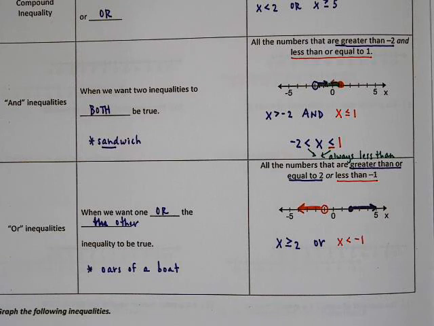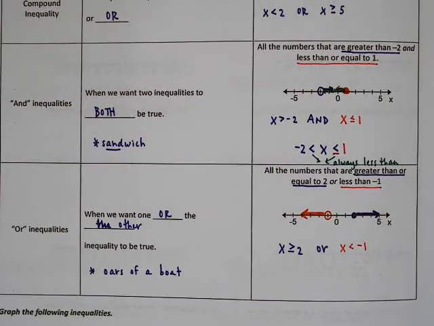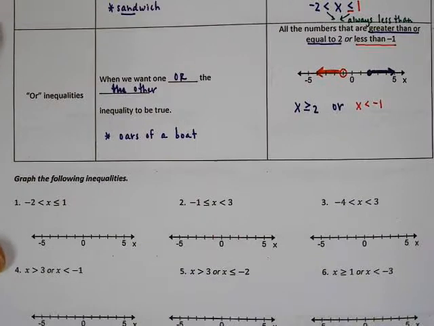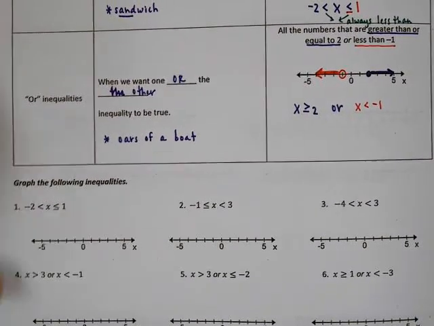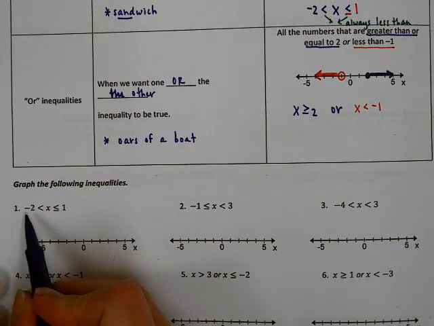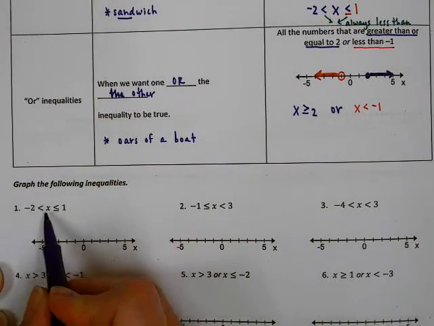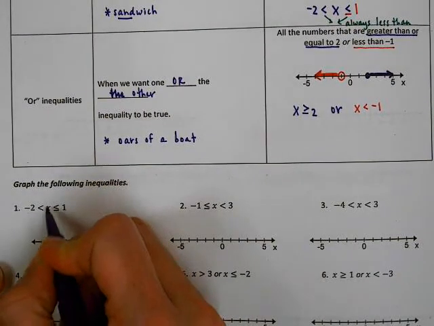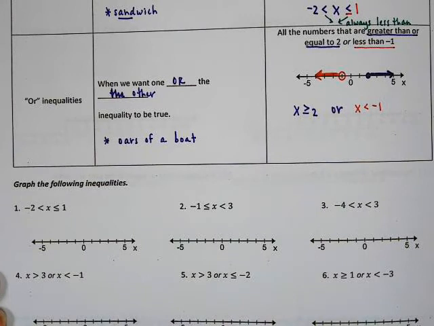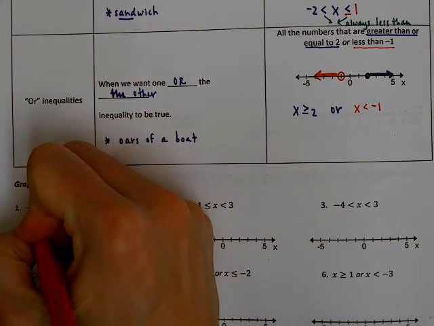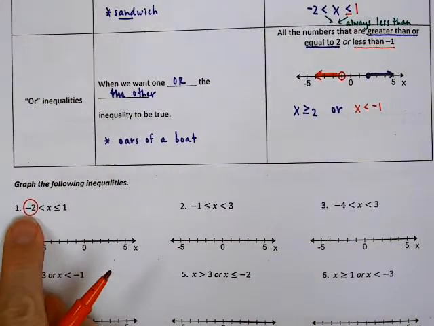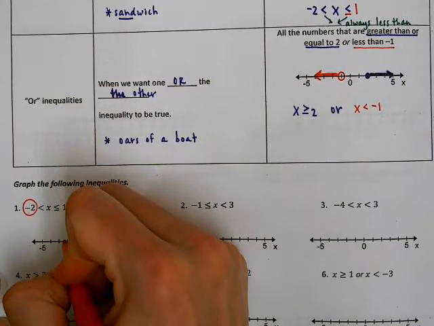All right, so the first thing then we need to be able to do is if we're given a compound inequality, we need to be able to sketch a graph on the number line. So let's look at number 1. I notice that my x is sandwiched in between those two values. It means my graph is also going to be sandwiched in between these two values. So if I look on the left side, I'm going to have an open circle at -2.